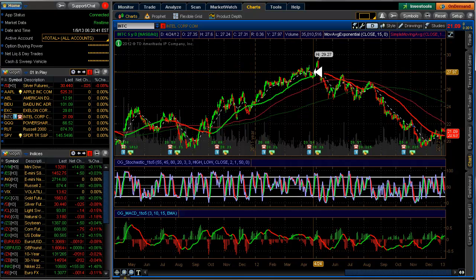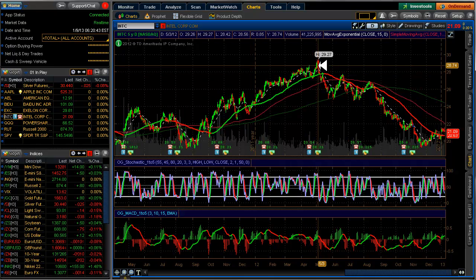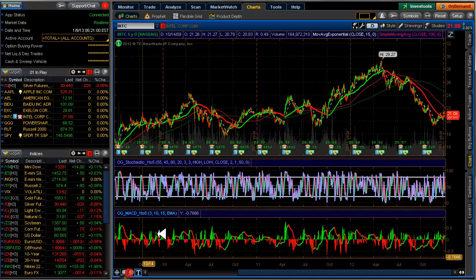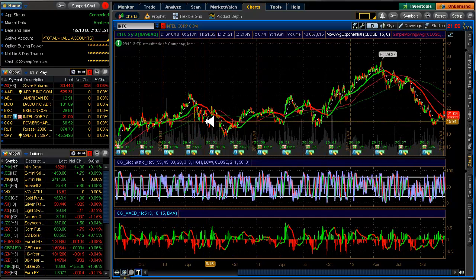The yield is not real great when we're looking at something up above $28 a share, but when the stock is down at 21 and near its historic lows, at least for the time period we're looking at here, the yield starts to look pretty good when the stock is that cheap.